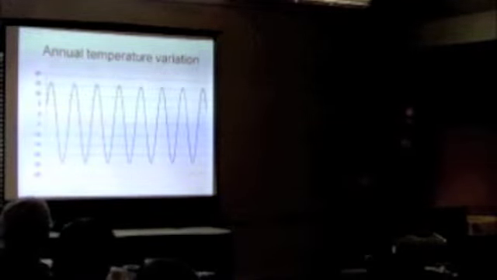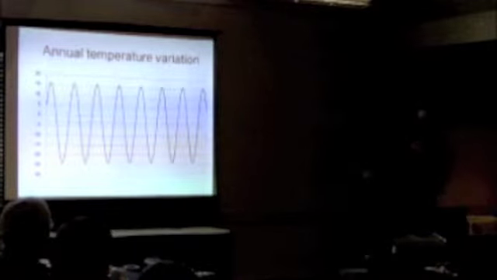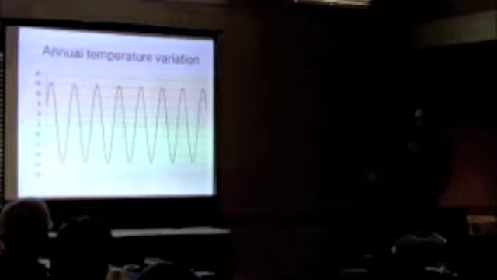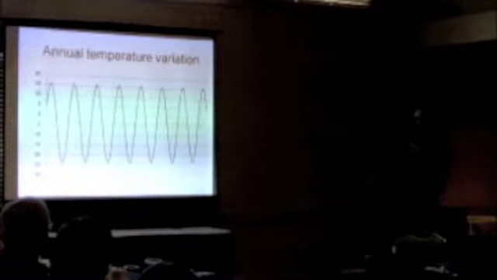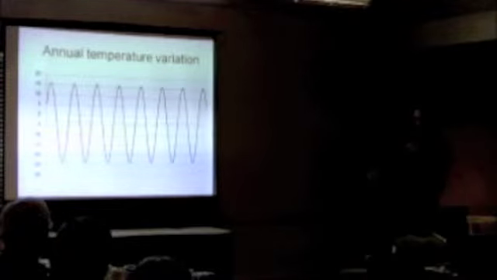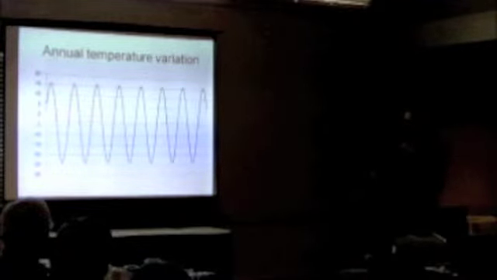And so if we take a nice sinusoidal curve and let it flip around -4, you know, nothing is going to change because the winters and the summers are canceling each other out nicely.